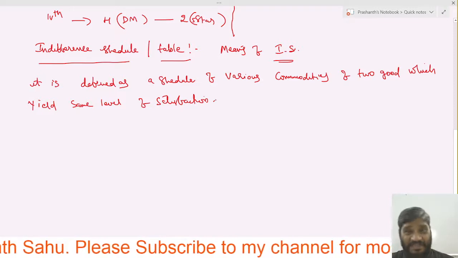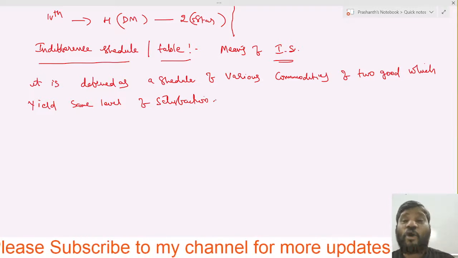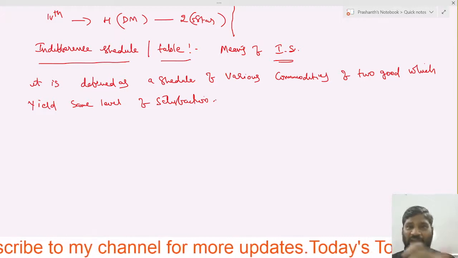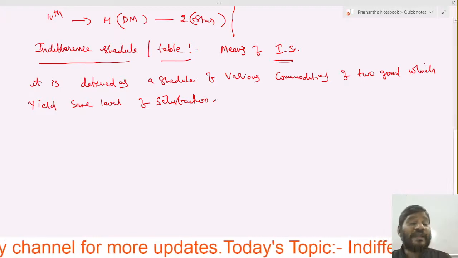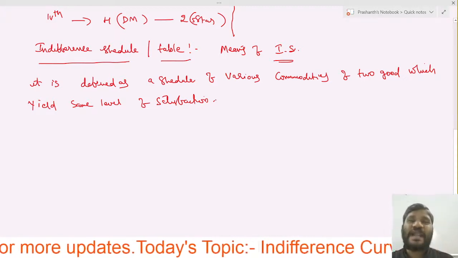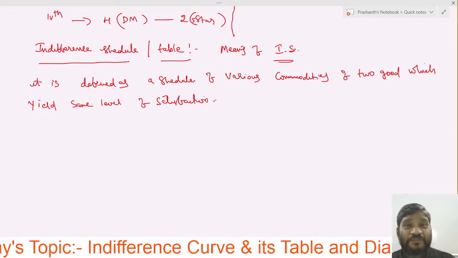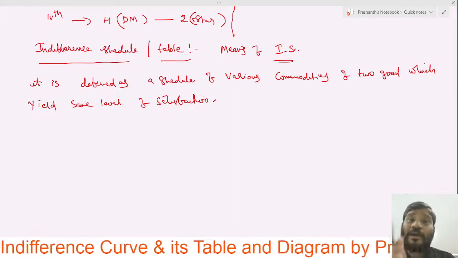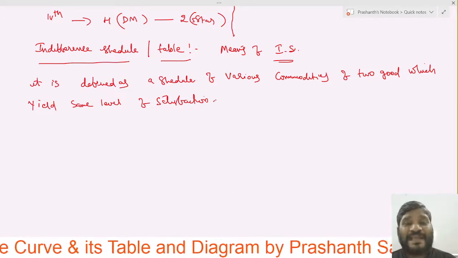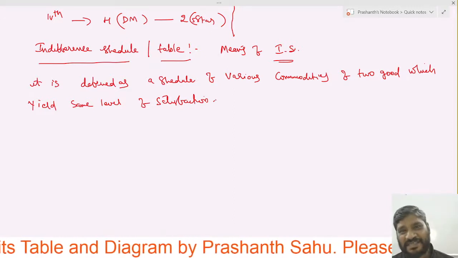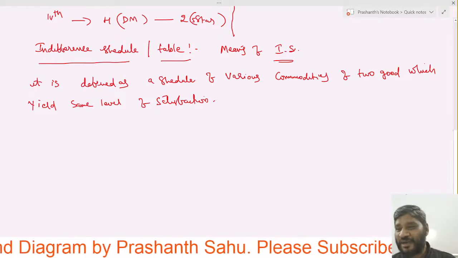Because in an indifference schedule, we prepare combinations of two goods, and in the previous discussion I told you all combinations are giving the same satisfaction. Exactly, all combinations are giving the same satisfaction, but the consumer is indifferent. Did you understand? So let us draw the schedule here.